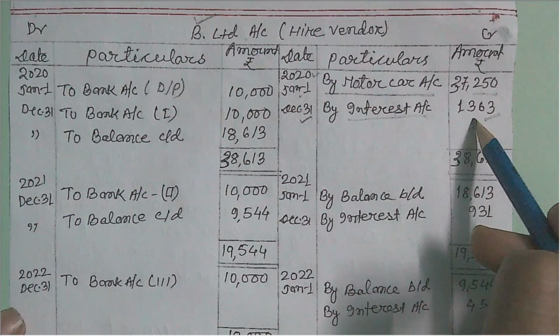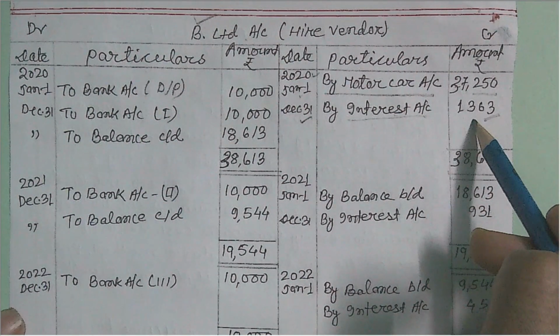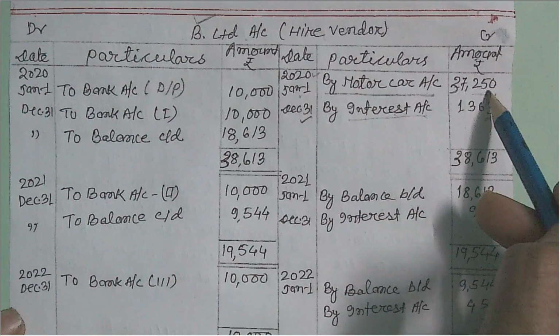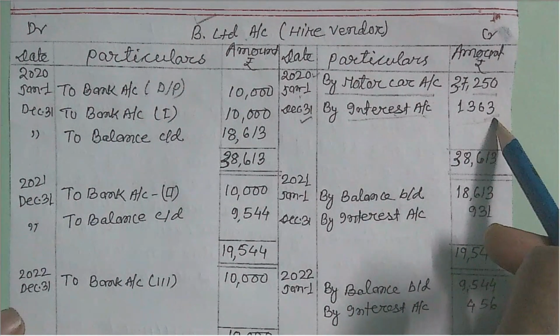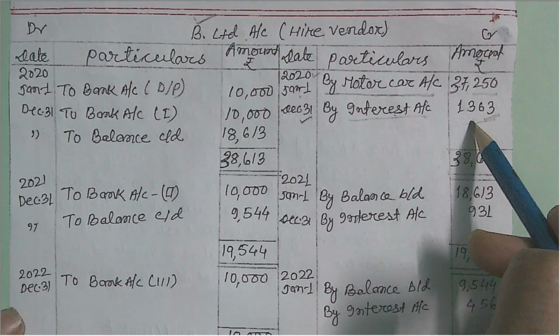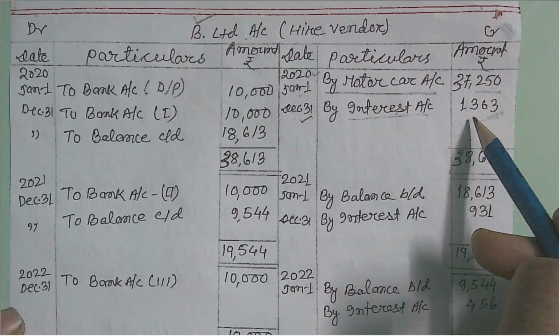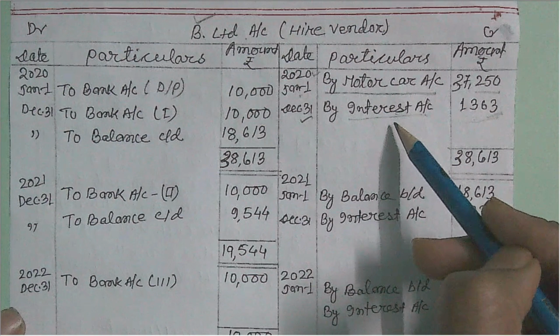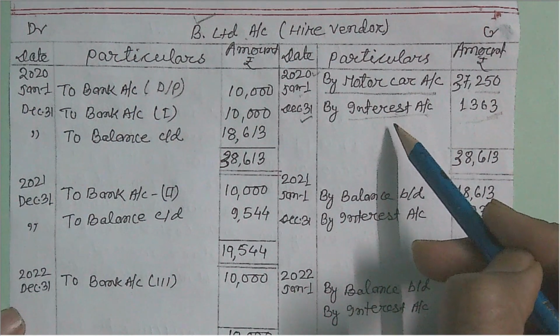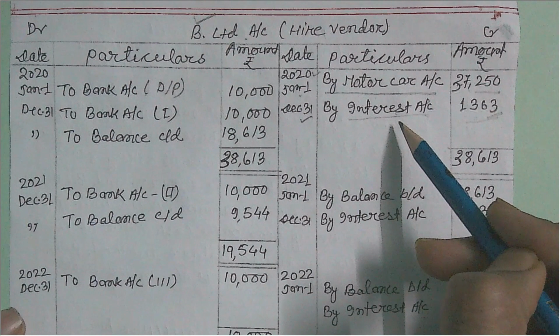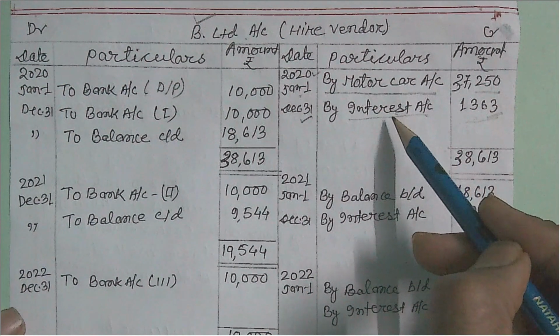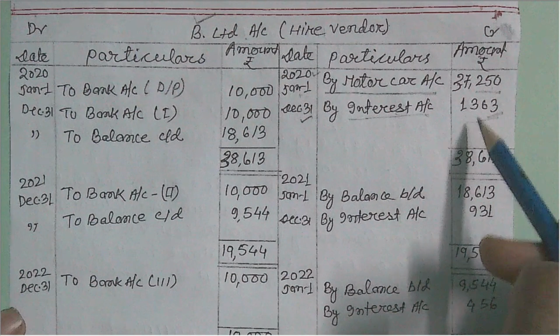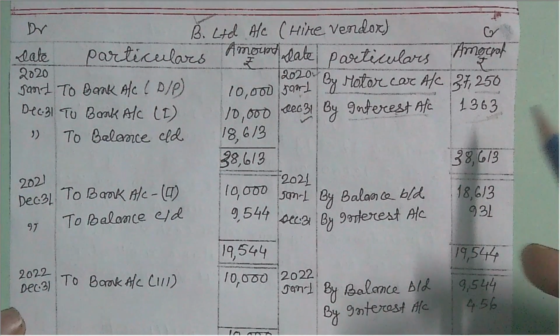This amount is not included in the cash price of the motor car, which is 37,250. So this is the additional amount payable by the hire purchaser to the hire vendor, because the goods were purchased on credit and payment is made in installments. For this the hire vendor charges interest of 1363 at the rate of 5%.